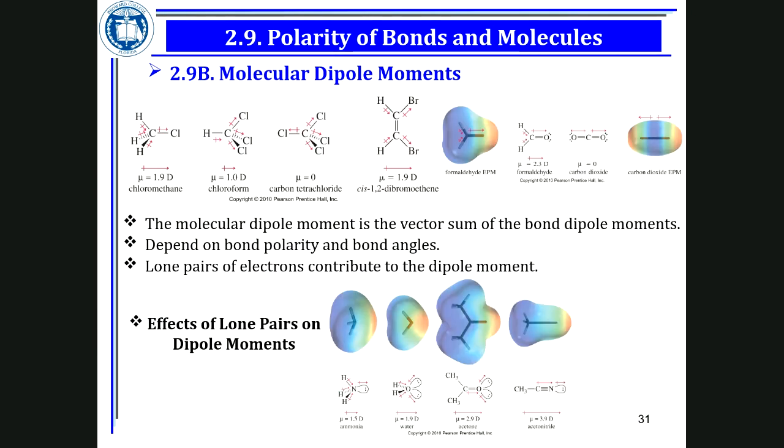So when we look at the polarity of molecules, we first have to have the Lewis structure. If we have the Lewis structure, then we can look at the vectors to see if they cancel each other, because they are pulling electrons away.